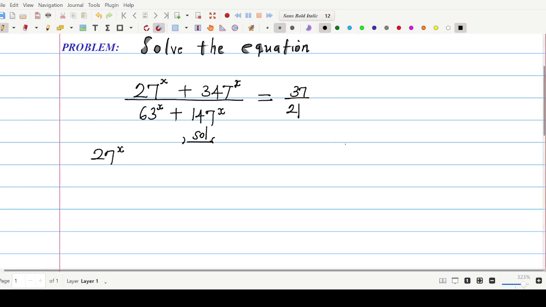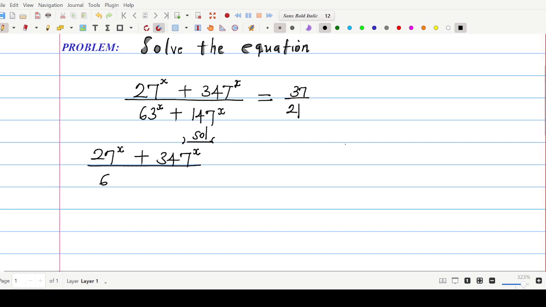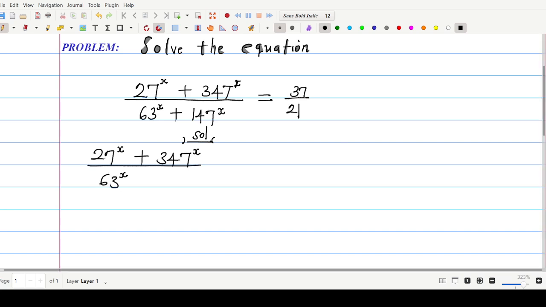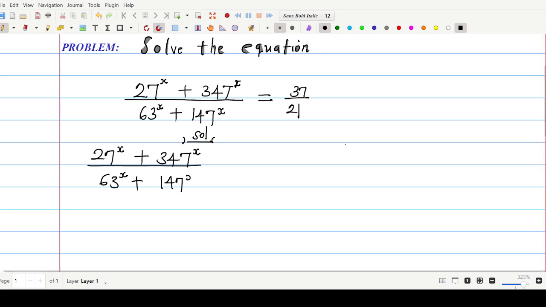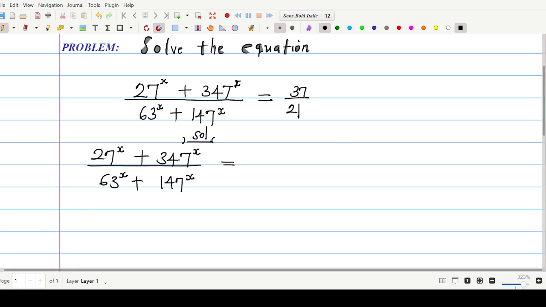27 to the power of x plus 347 to the power of x over 63 to the power of x plus 147 to the power of x. All right, now we can write this as 27 to the power of x plus, now 347, if you multiply 7 times 49 with your calculator, it will give you 347.